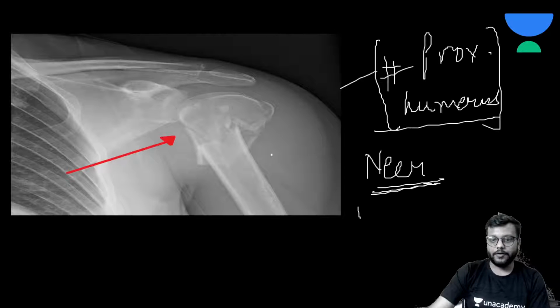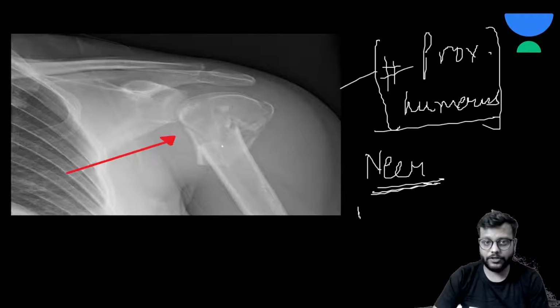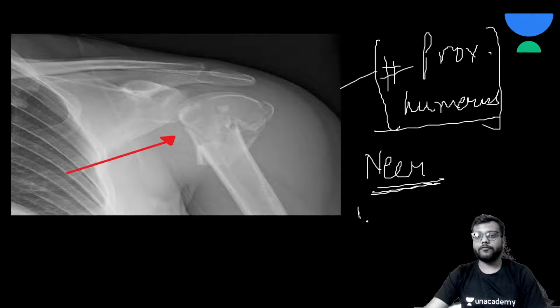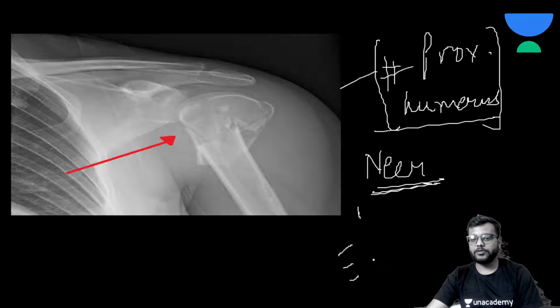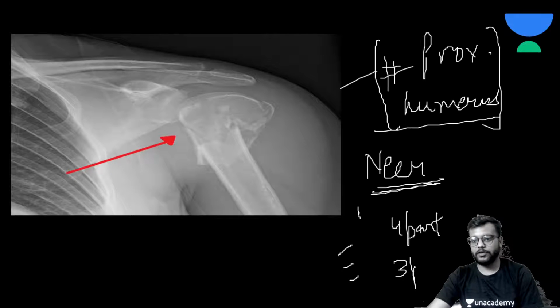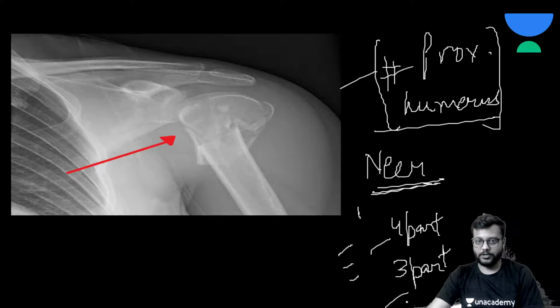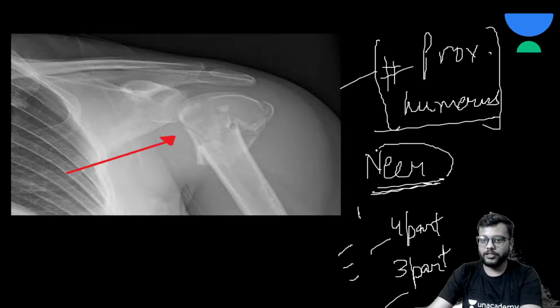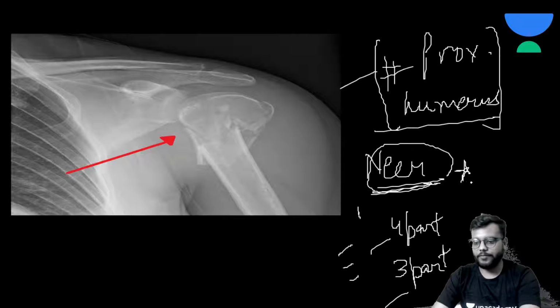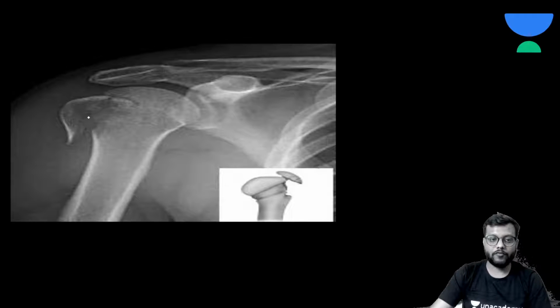Okay, here we can't appreciate it. Okay, so there are 4 things, and अगर चारों का fracture हो जाए तो that was the 4 part, और 3 का हो तो that was the 3 part fracture. Okay, so that was the Neer classification. Just remember the name.